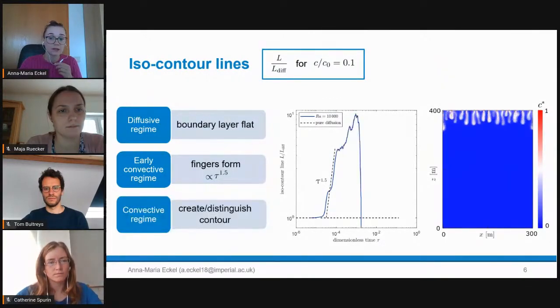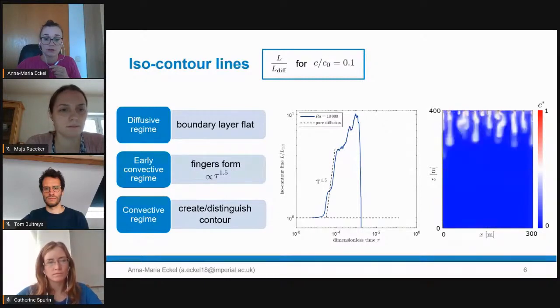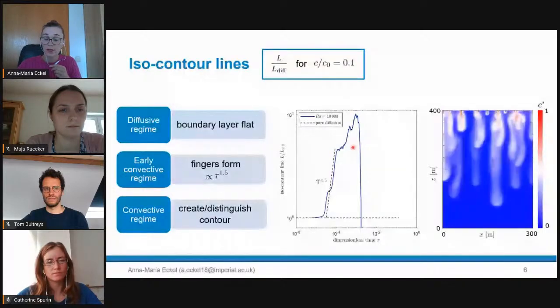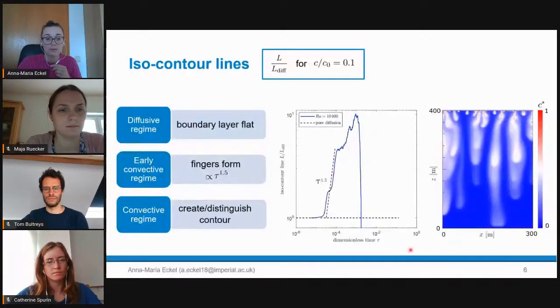After that, fingers are still formed and stretched, but simultaneously they merge with neighboring fingers, and the curve shows a reduced increase of the isocontour. And eventually, the progressive saturation of the domain reduces the isocontour towards 0. And the growth rate of 1.5 has been observed for all simulated Rayleigh numbers.